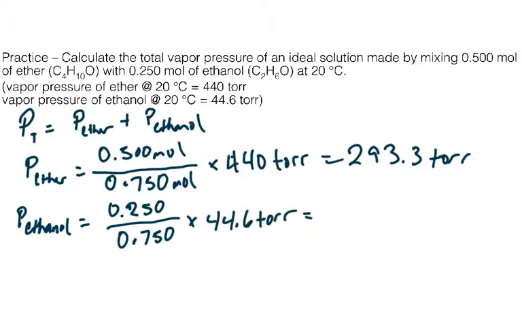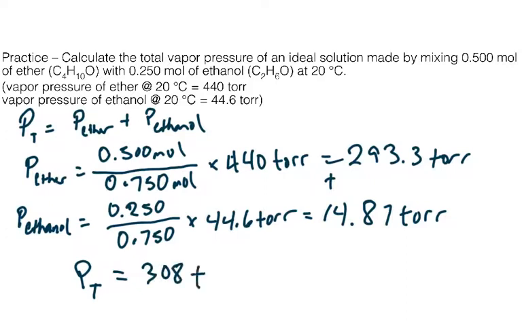So we get a vapor pressure of ethanol of 14.87 torr. So our total vapor pressure is going to be those two numbers added together, which gets us an answer of 308 torr.